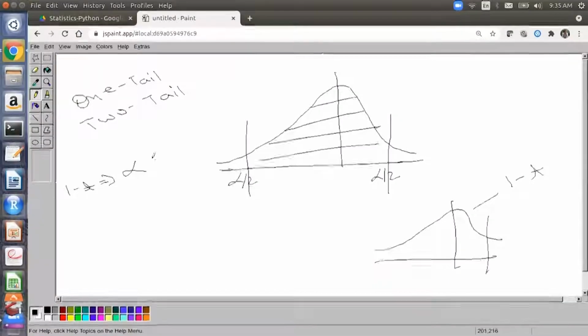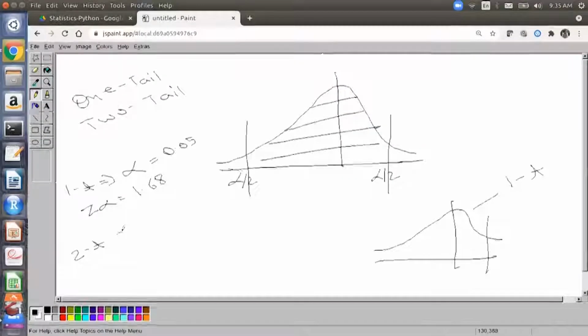So what will the alpha value be in a one tail test? 0.05. And the Z alpha value will be 1.68. Another thing is the two tail test. In a two tail test, alpha will be split into alpha by 2. So what will my alpha by 2 value be? 0.025.